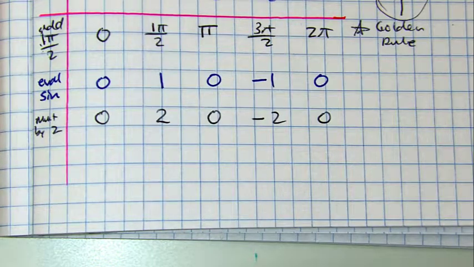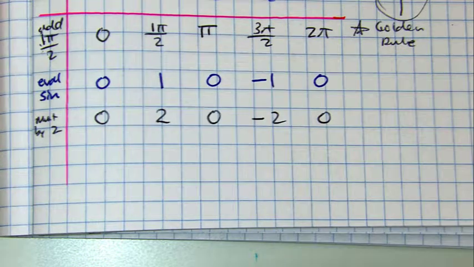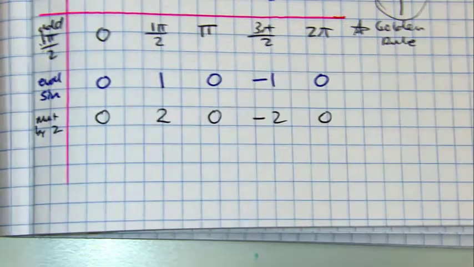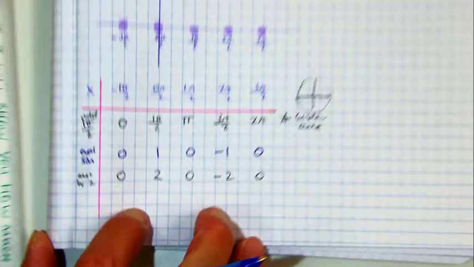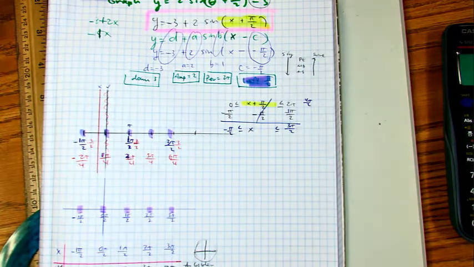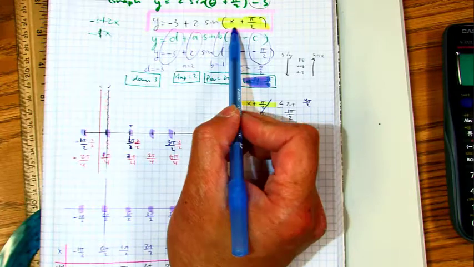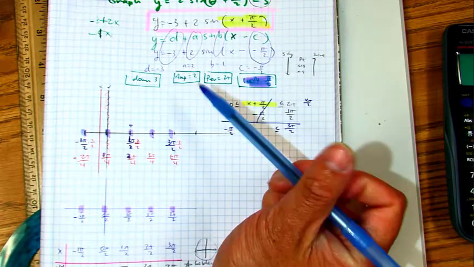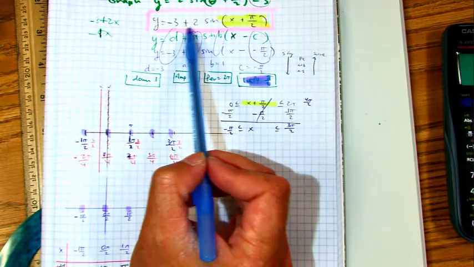Partner A, tell partner B, what's our last step? Eduardo, what's our last thing we need to do? Okay, before we graph it, we already had the x values. Add what? We're going to now add -3.